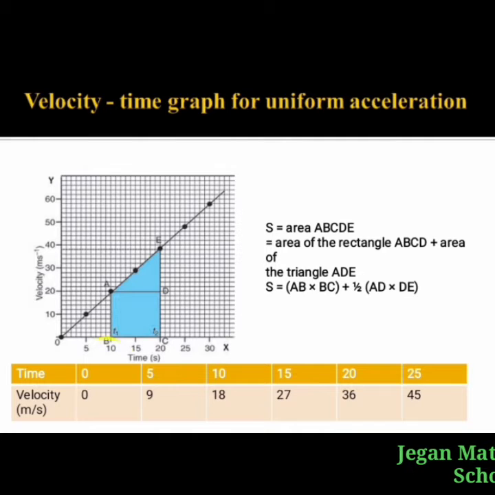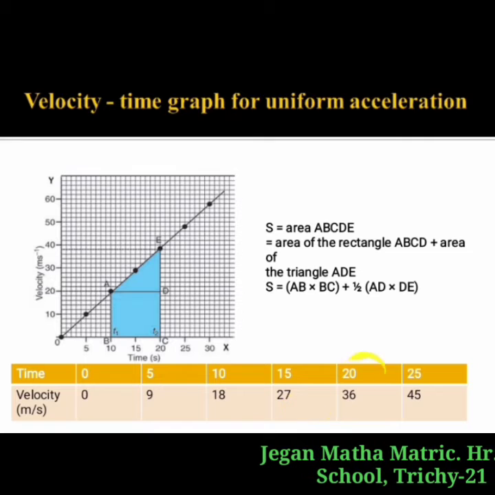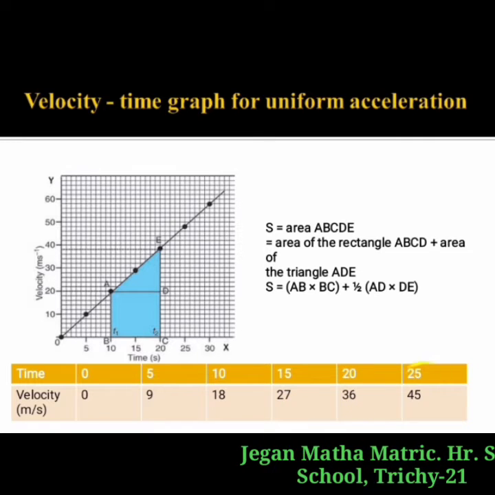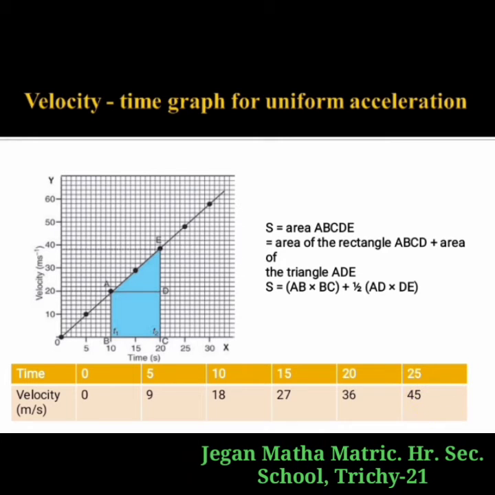At 0 seconds the velocity of the car is 0 meters per second. At 5 seconds the velocity is 9 meters per second. Likewise, at 10 seconds it is 18, at 15 seconds 27, at 20 seconds 36, and at 25 seconds 45 meters per second.